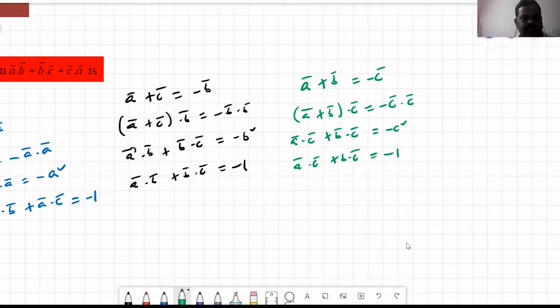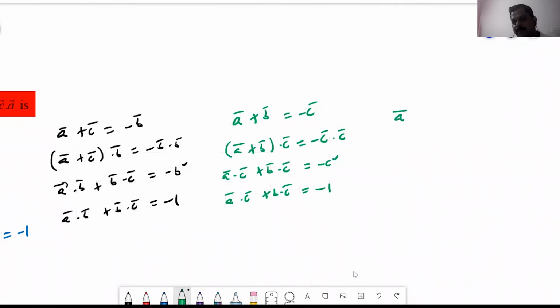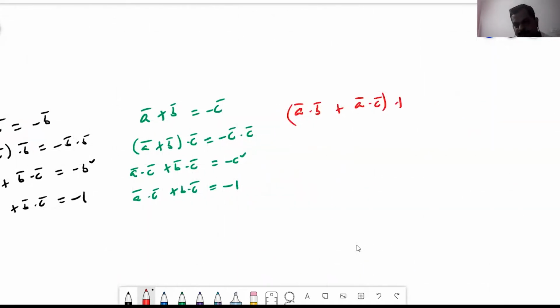When I add these three, what happens? I get A bar dot B bar plus A bar dot C bar, this is the first equation, plus A bar dot B bar plus B bar dot C bar, plus the third one, A bar dot C bar plus B bar dot C bar, which will be minus 1, minus 1, minus 1, that is minus 3.